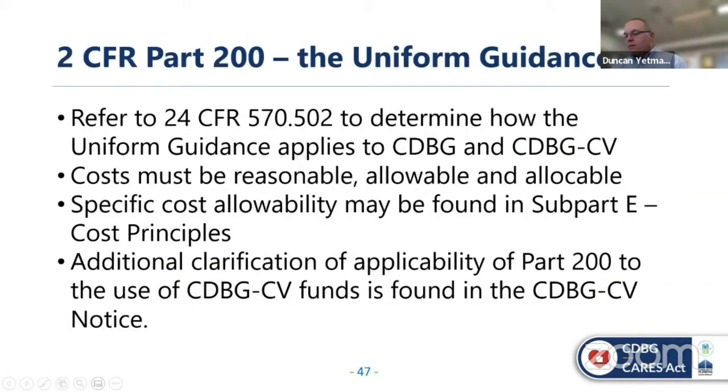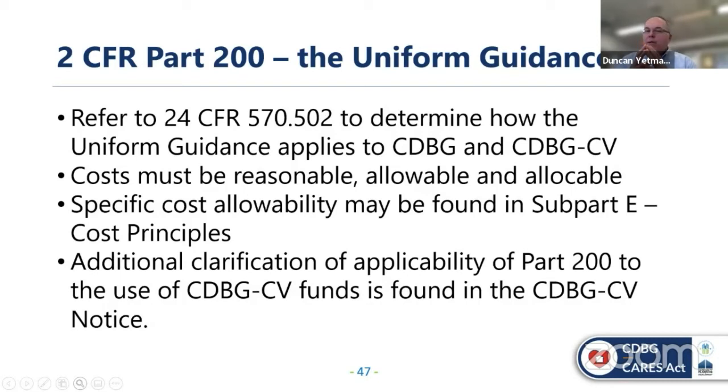Finally, we want to refer you to the Part 200, the administrative requirements, otherwise known as the uniform guidance. Refer to 570.502 to determine how that applies to CDBG and CDBG-CV. Remember that any costs that you incur for any CPD grant must be reasonable, allowable, and allocable.